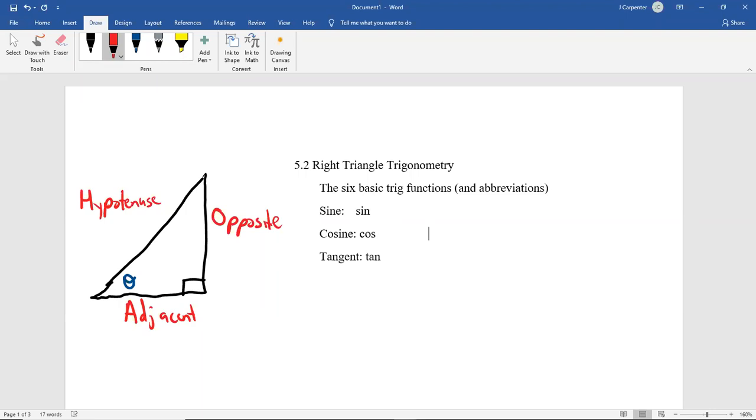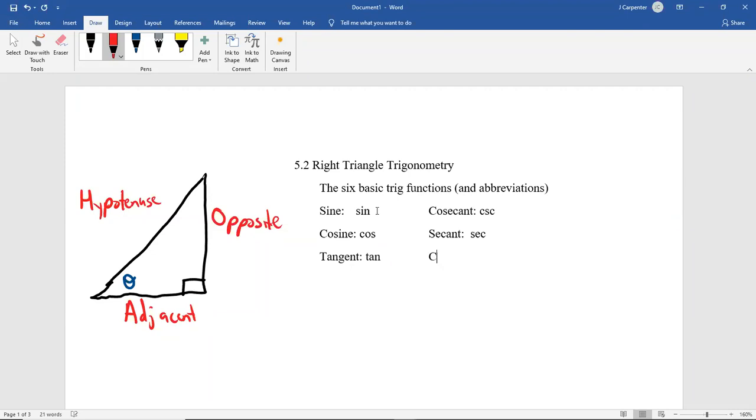Those 3 are the ones that we're going to use more than the rest. But the other 3 are important and will be used quite frequently. Don't think you can just skip learning these completely. We have our cosecant, which the abbreviation for that is CSC. We have our secant, which its abbreviation is SEC.